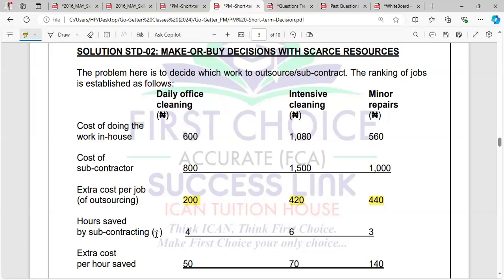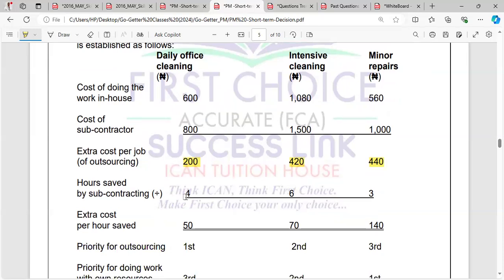So if you subcontract daily cleaning, you'll be saving yourself 4 hours per job. This one is 6 hours per job, and this one 3 hours per job.